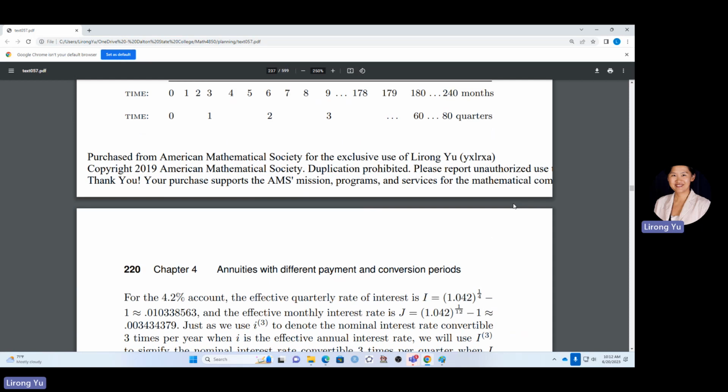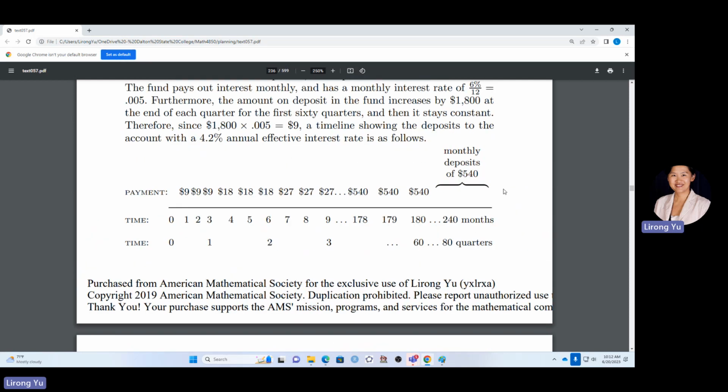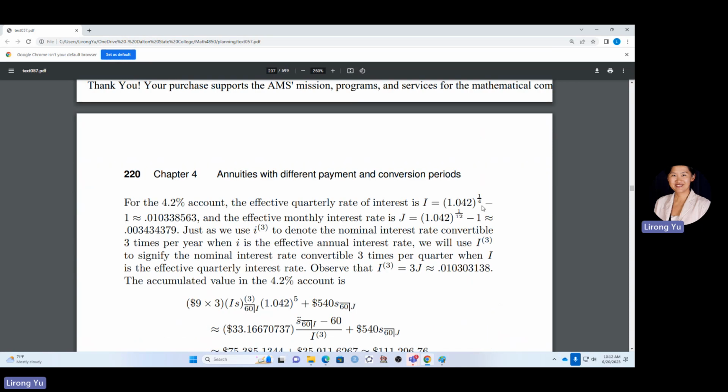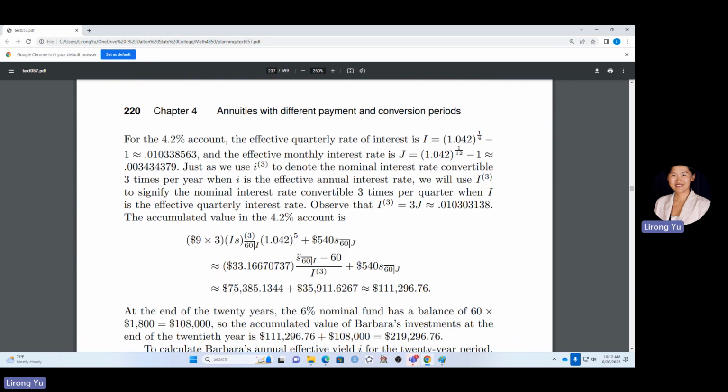So you're going to calculate the future value of all these cash flows. For the calculation, we actually have a formula in the book for increasing payment, 60 increasing payments, where the change is every 3. So every 3, it would change.